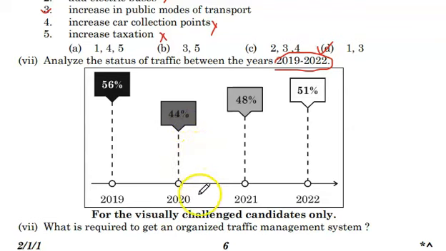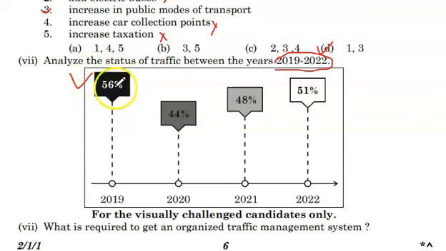From 2020 onward, again the traffic started increasing and went up to 48%, and the next year also saw the same trend, that means an increasing trend in traffic. So this is analysis. You have to use how the data is behaving.